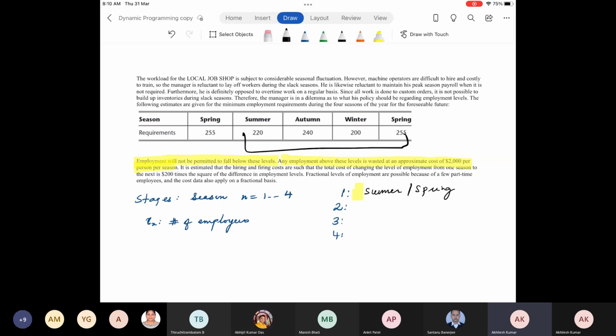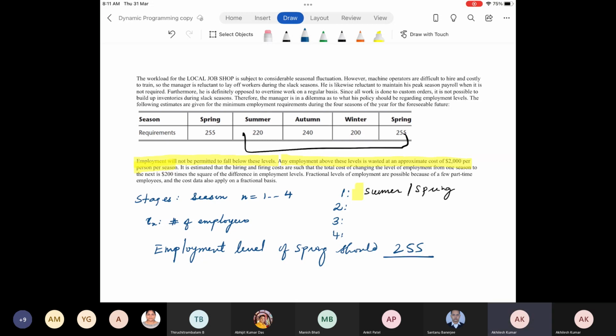Okay. So employment level of spring should be more than 255? More than or equal to. So can you say employment level of spring should be 255, because that is my peak, right?